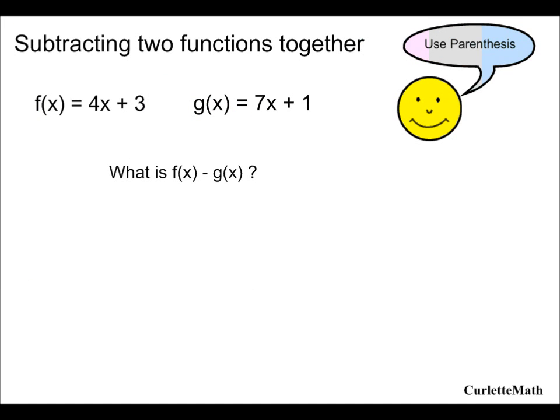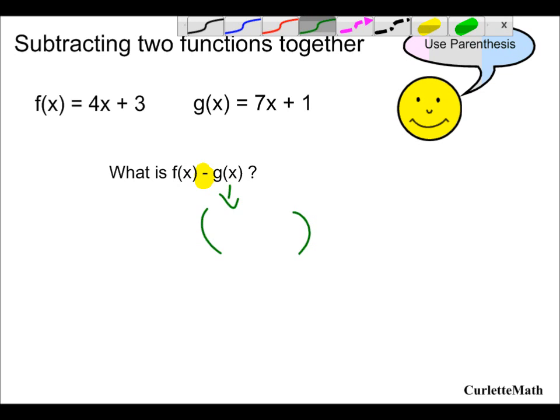Now, if you see the little smiley face, it says use parentheses. We want to be careful here because of the minus sign. This minus sign is where we definitely need to put this g of x function into parentheses when we write it down as 7x plus 1.